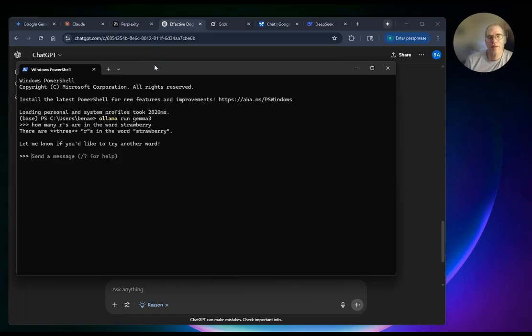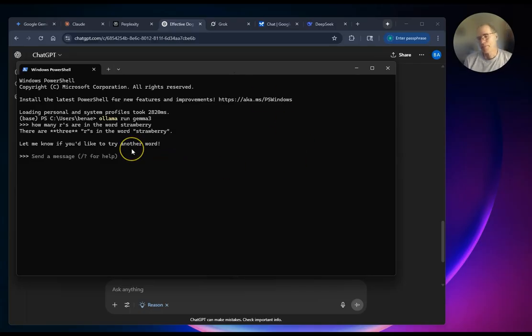What it used to be, probably maybe a year ago, is that you'd get all kinds of answers. You'd get, well, there's 4, and it would keep going back and trying to guess, and it would get it wrong. Another question that seemed to really throw these models off is, what is larger, 9.11 or 9.4?